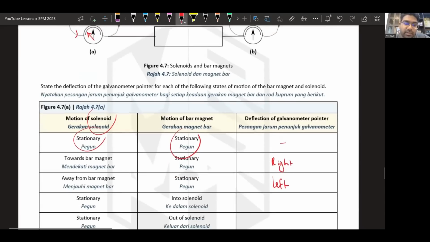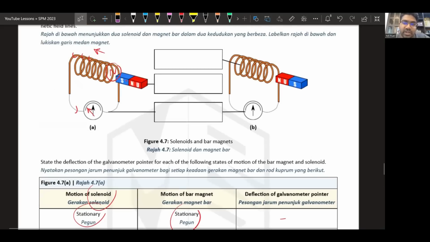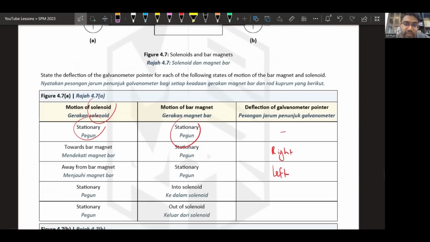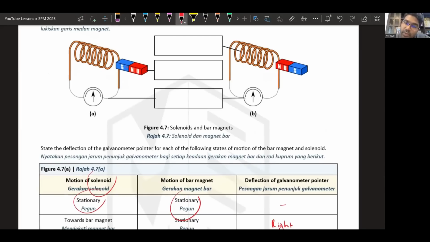Okay, now what if the magnet is stationary and then we want to push... the solenoid is stationary and then we want to push the magnet. So if you push the magnet into the solenoid, the opposing motion will be to push it back out.